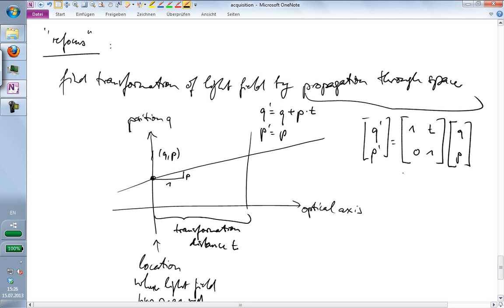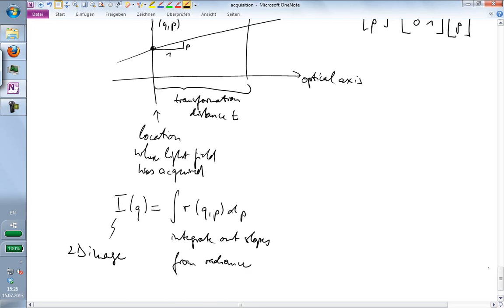So this matrix here encapsulates the effect of propagating the light field through space. And I can now compute a new image where the sensor plane has been shifted by t.